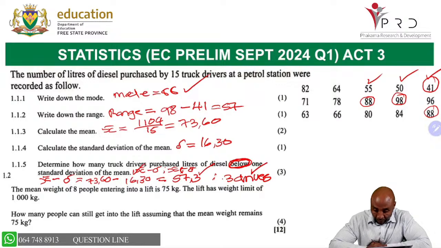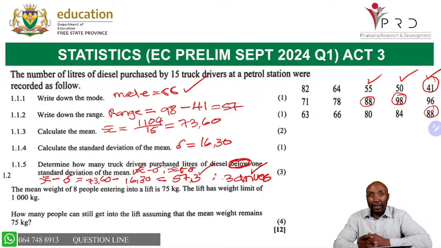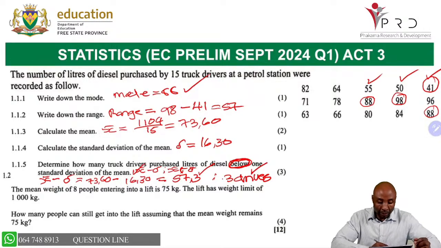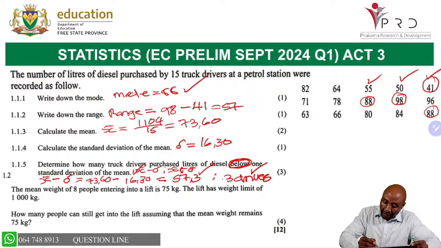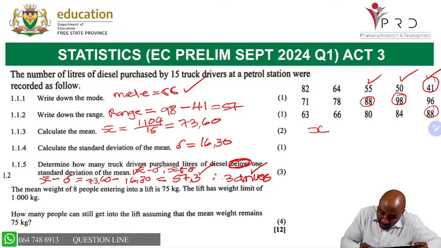Now, this is an application question where we apply our knowledge of calculating the mean to help us get that. So we start, first of all, for 8 people, we are saying their total mass, which I'll call x, divided by 8, should be equal to our 75 kgs. That is our mean.